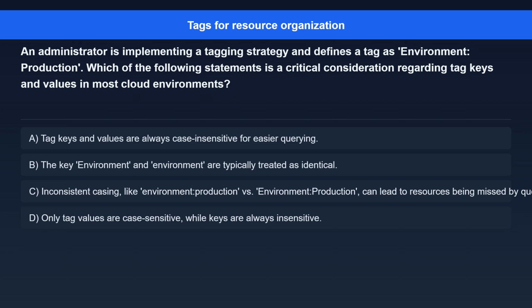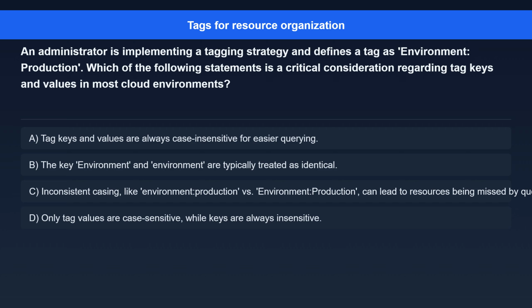Question 8. An administrator is implementing a tagging strategy and defines a tag as environment, production. Which of the following statements is a critical consideration regarding tag keys and values in most cloud environments? Option A, tag keys and values are always case-insensitive for easier querying.